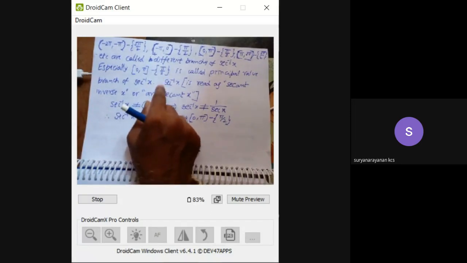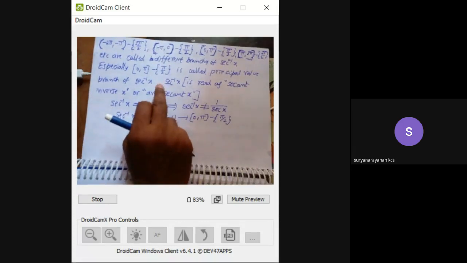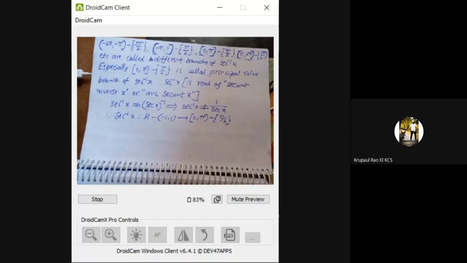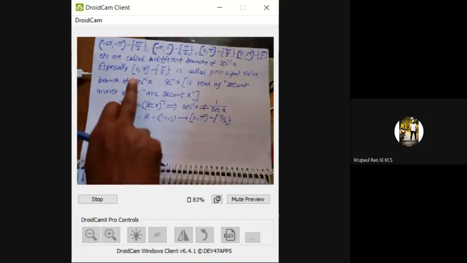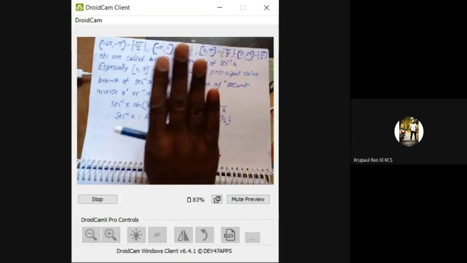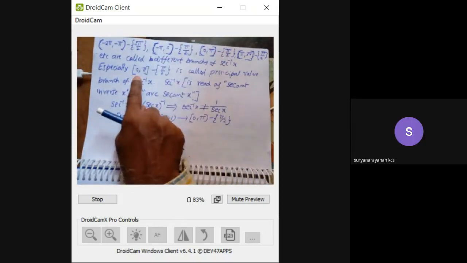My dear Krupal. Yes, sir. Read it. Sir, open interval 0 comma pi minus singleton pi by 2. Stop. This is closed interval, not open interval.